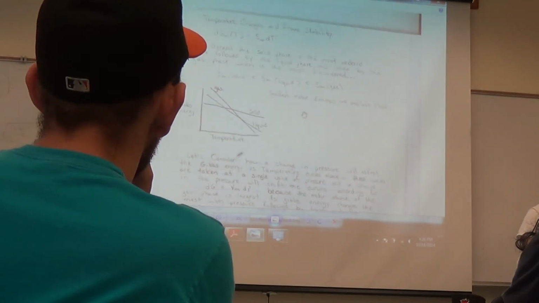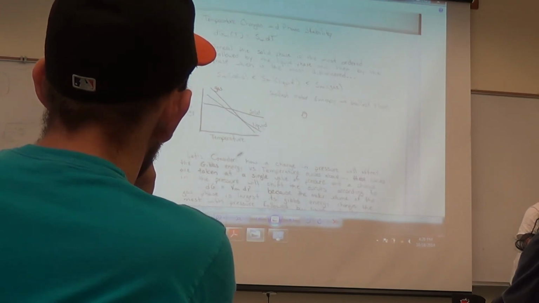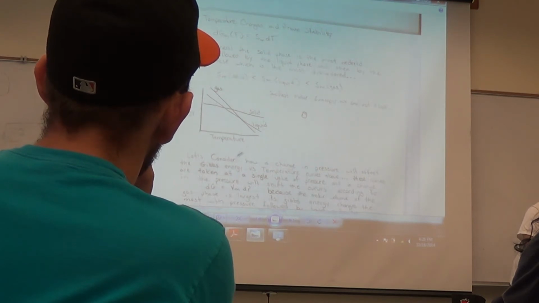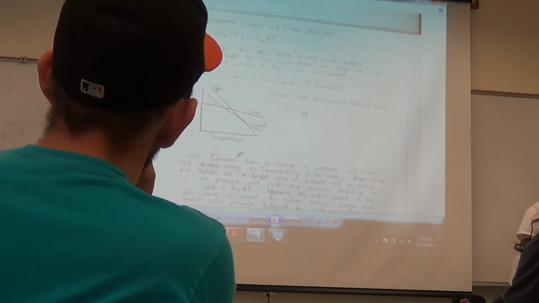We're just talking about the phases of matter and which ones are the most favored. Whichever phase has the lowest Gibbs free energy is going to be the phase that's favored at that particular set of temperature and pressure conditions.